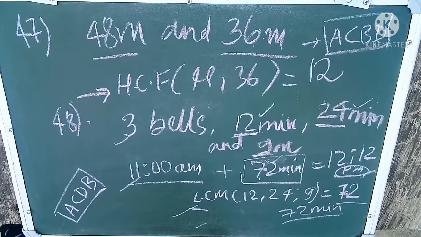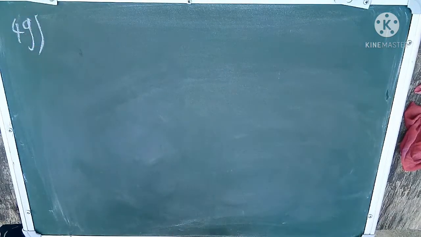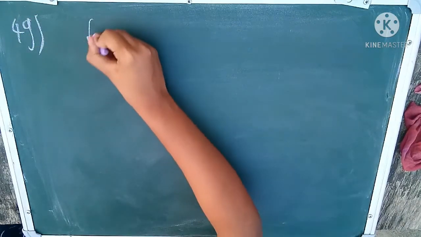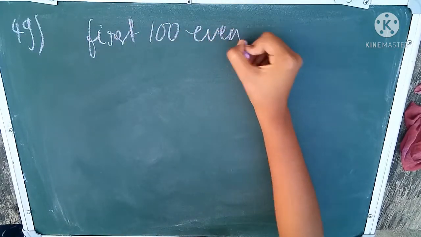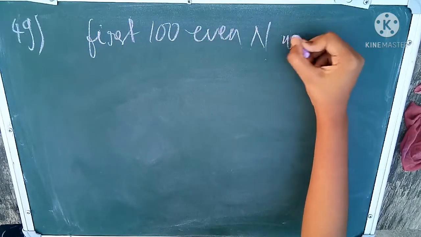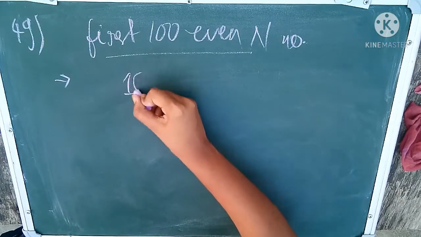Moving on to the next question, question number 49. Here we have to find out the unit digit of the product of the first 100 even natural numbers. In the first 100 even natural numbers, there must be the number 10.